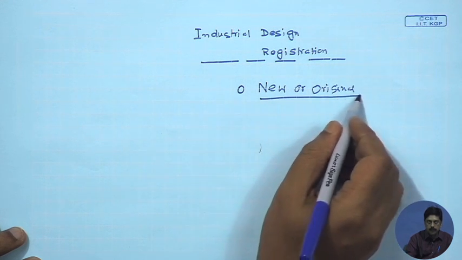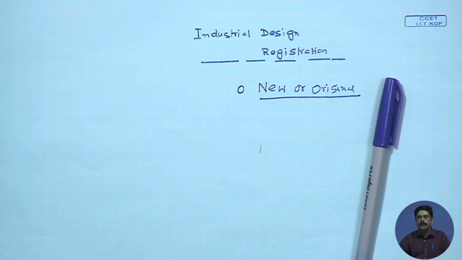You already came across the word new when I discussed invention and novelty. You have come across the word original when we discussed copyright. So what is original? Original, you will answer, definitely means independent creation or originated from the author. What is novel? Means which is not available, or no prior art.